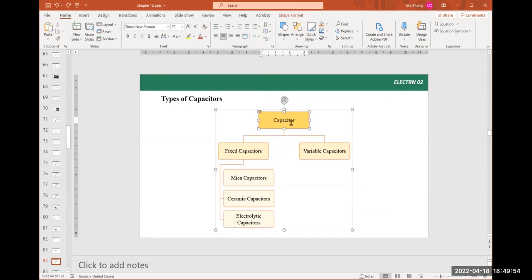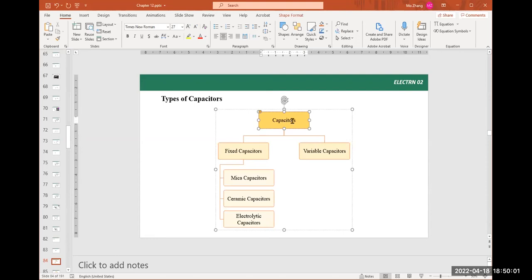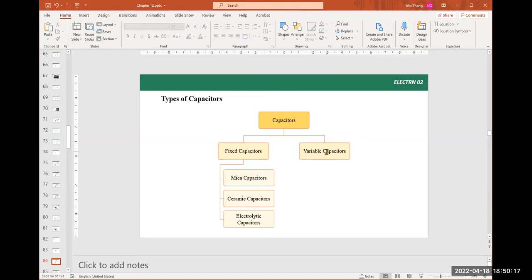Under the capacitors category, the biggest umbrella, the starting point, we group capacitors into two separate categories. One is called fixed capacitors. Its value is fixed, doesn't change. The other one is called variable capacitors. The value can be changed by the user, by the operator.